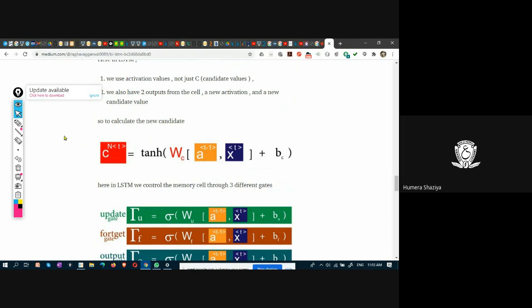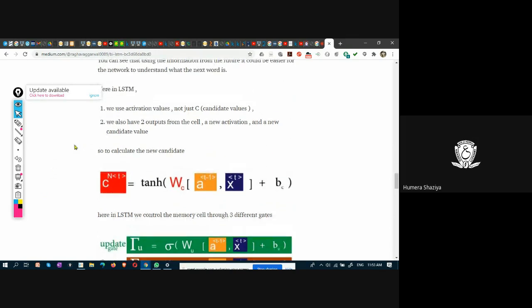How is the new candidate calculated? In LSTM, we use activation values, and then we have two outputs, the new activation and the new candidate value. Candidate value is that only, what I told you. Colleges near, if you just type colleges and you get near, offering, and having, these three words are the candidate words that can come with colleges.